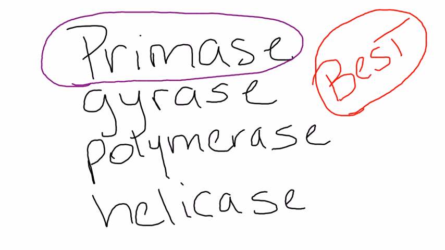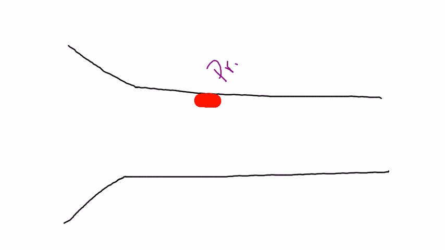And the reason I was looking for primase is because if you recall, primase is that enzyme that, when you are making a duplicate strand, comes in on the lagging strand and develops a short little primer. That's done by the enzyme primase.